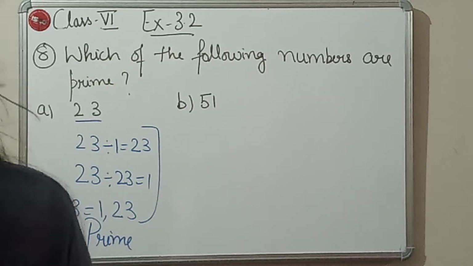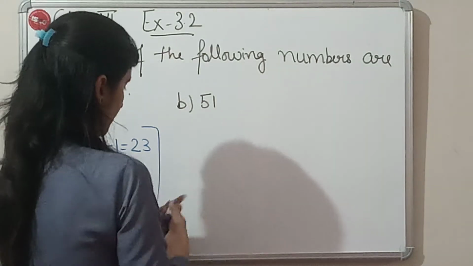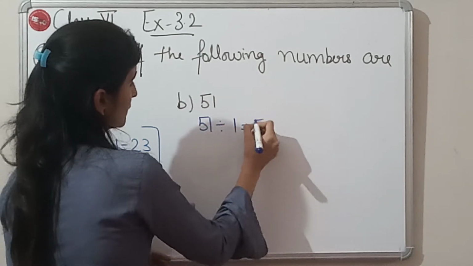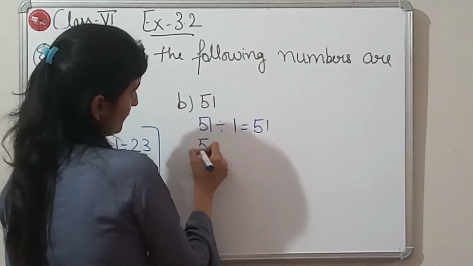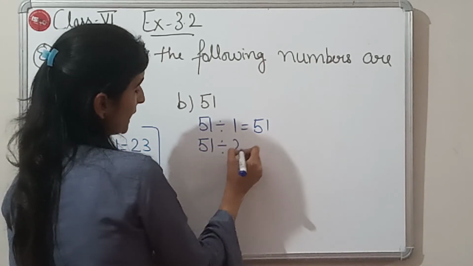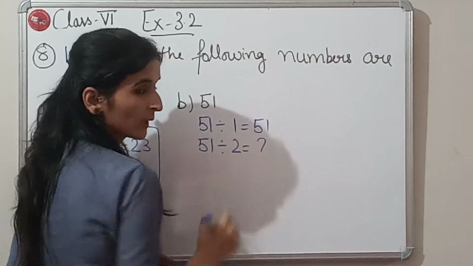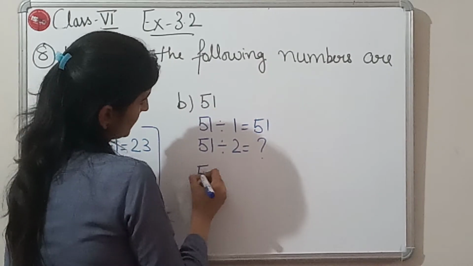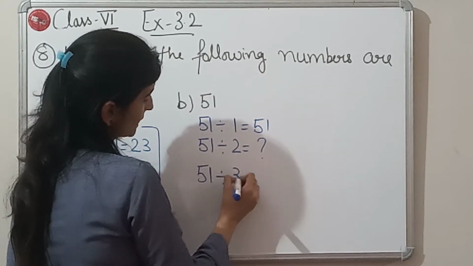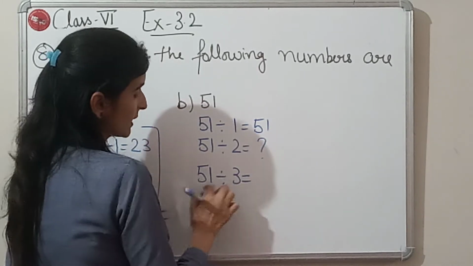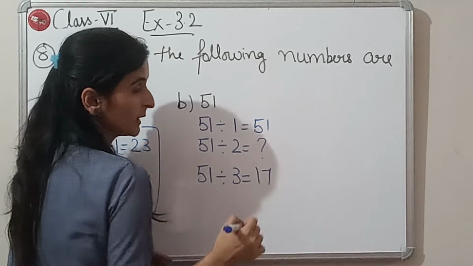And if we talk about 51, then 51 divided by 1 is 51. And when we divide 51 by 2, we are not going to get the remainder 0. So I am going to put one question mark here. After that, 51 divided by 3. 3 ones are 3 and 3 sevens are 21.